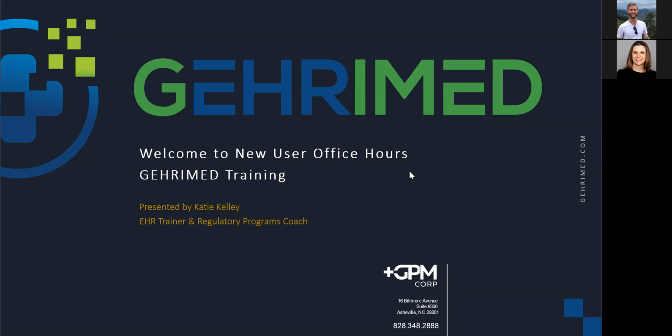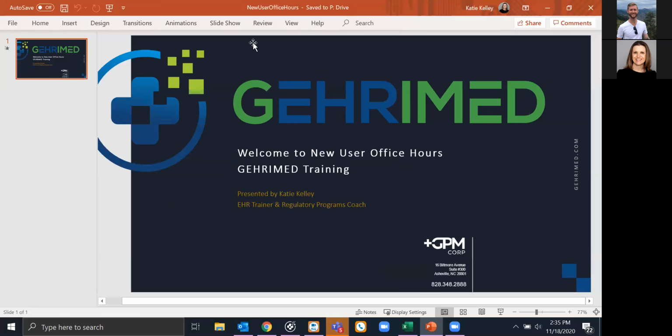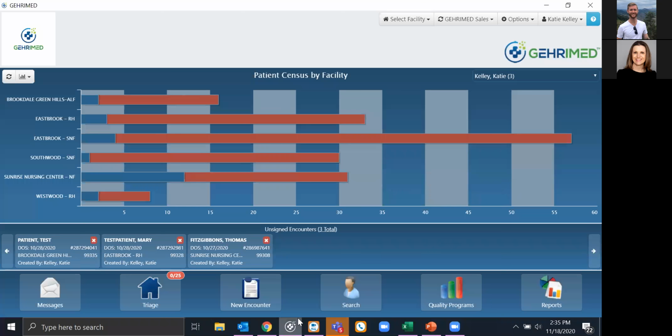Okay, so I'm going to hop out of my PowerPoint here and into GEHRIMED. So here's what you see when you first log into GEHRIMED. And if you are actually a brand new GEHRIMED user and you have not seen any patients yet, you will probably not have any of these bars. So what you're seeing here is a visualization of your patient population.